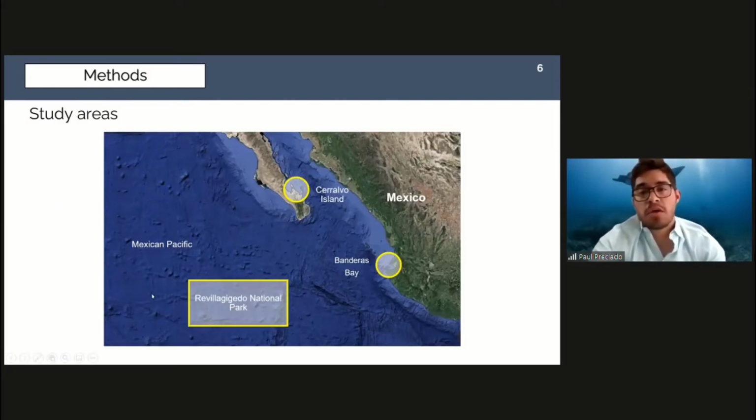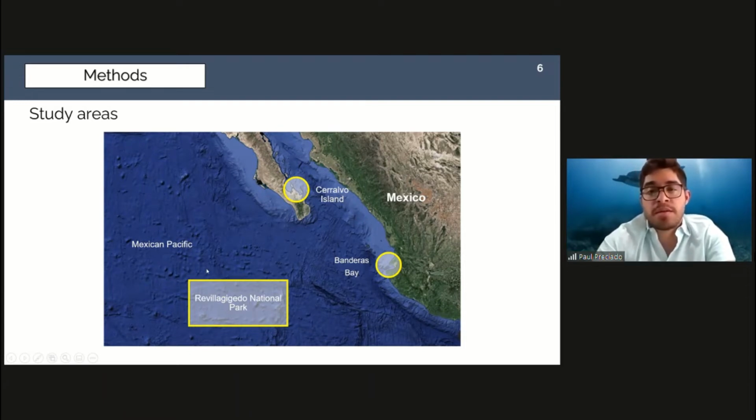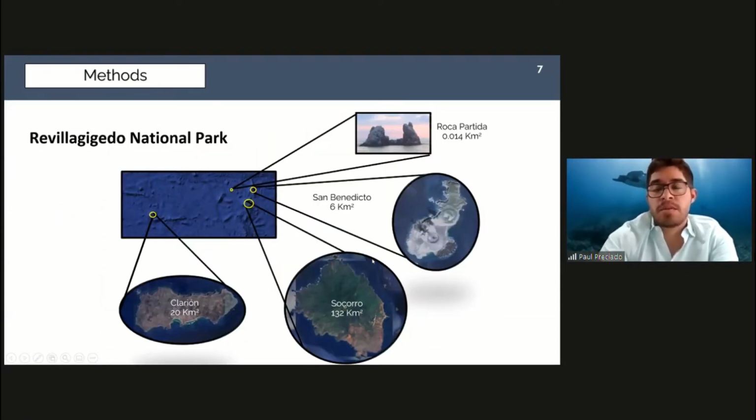We focus on 3 known and separated manta aggregation areas in the central northern Pacific: Revillagigedo National Park, Cerralvo Island, and Banderas Bay. To be a little more specific, Revillagigedo National Park is an archipelago of 4 different islands: Clarion, Socorro, San Benedicto, and Roca Partida.